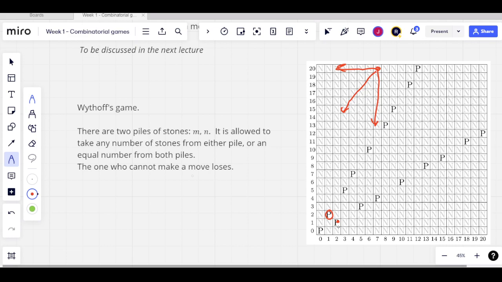And if there exists some move to some point that is marked as P, we will win, and so on.